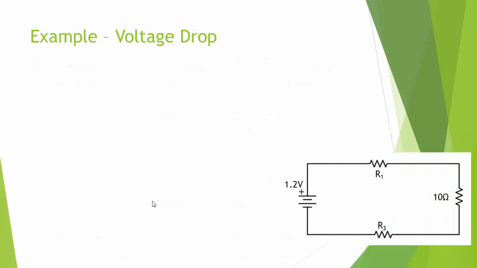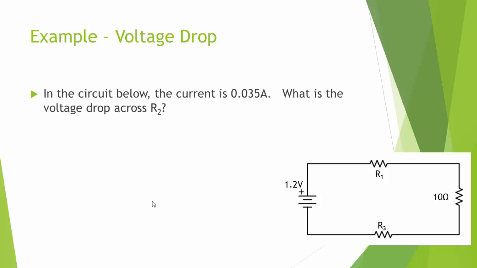So here's an example of a voltage drop calculation. In the circuit below, the current we know to be 0.035 amps. What's the voltage drop just across R2, our labeled resistor?